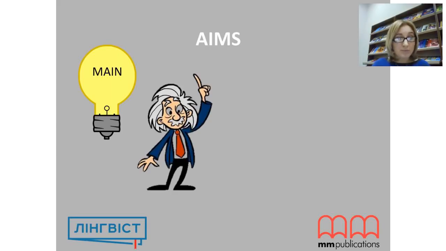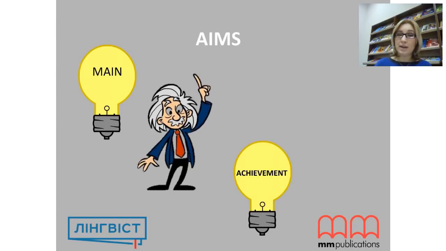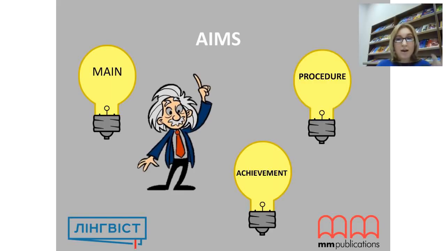But coming back to the aims, again, the first thing when you plan the lesson, think about the aim. But as for the aims, they may be different. There are the main aims, this is what we want to teach our students. Also, there is another type of aims, achievement aims, so what do we want to achieve on this or that stage of the lesson?